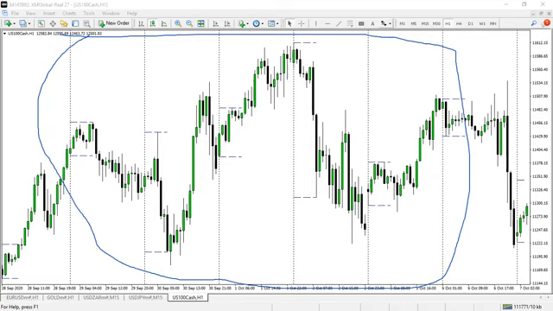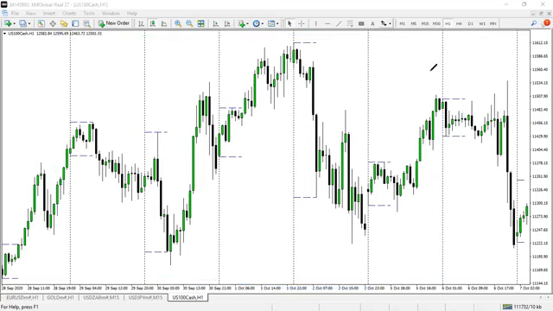Can you try to identify them? You said one is bullish and one is bearish? Yeah.